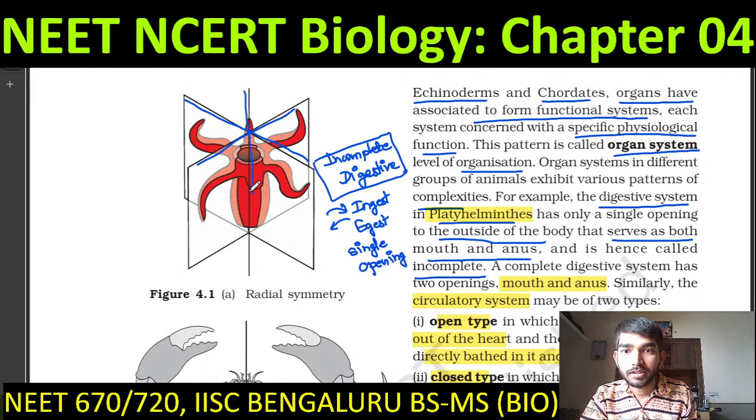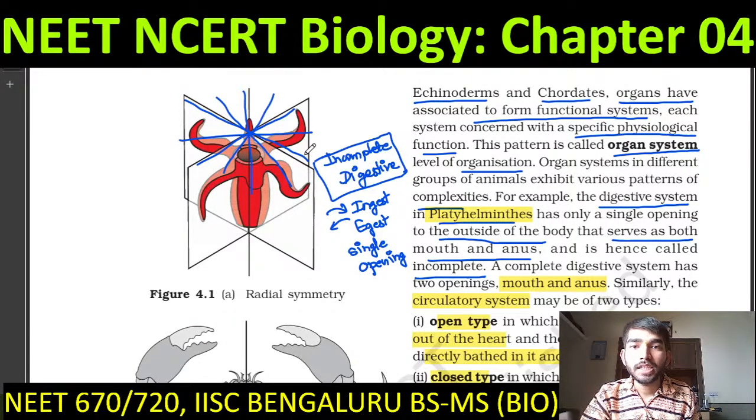If you draw any such plane and all these planes are able to divide the organism in two equal halves, irrespective of where you choose the plane, at what angle, it doesn't matter. Whichever plane you choose, the organism is going to be divided in two halves. That means it is radially symmetrical.